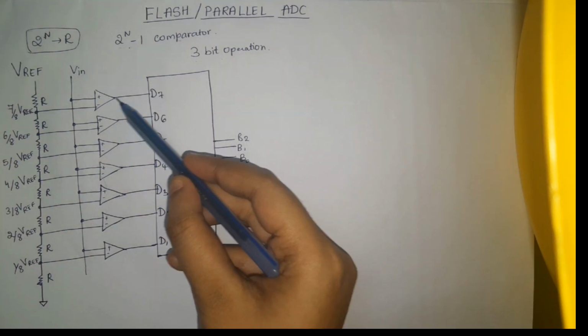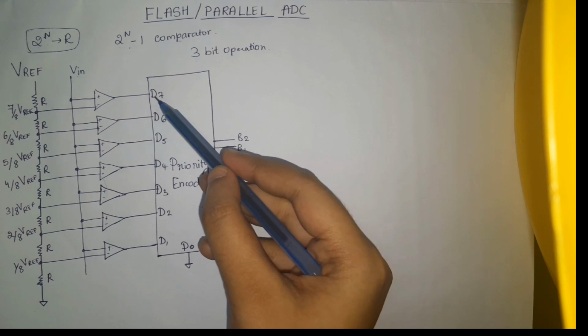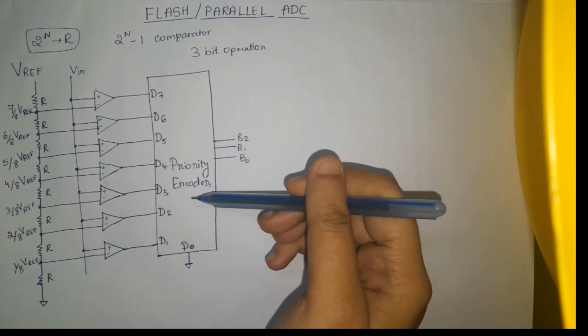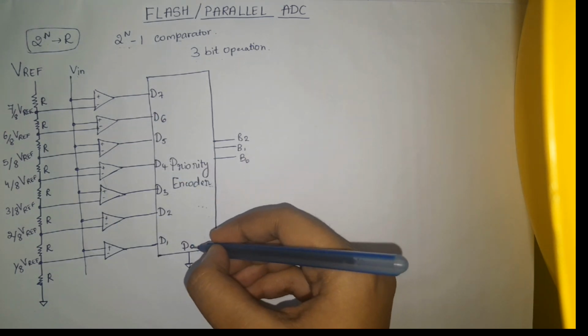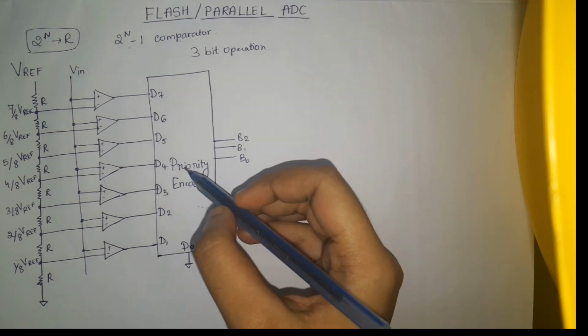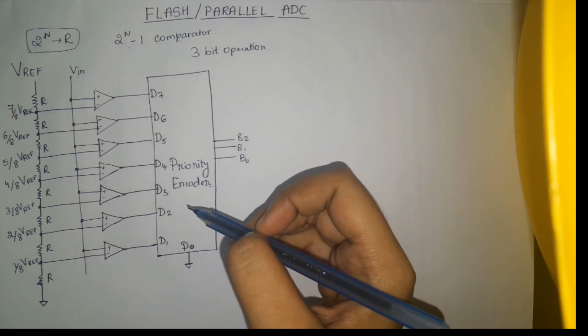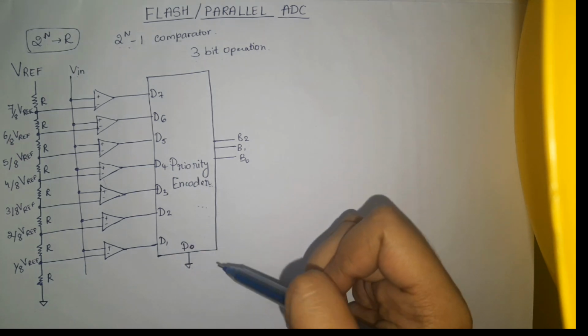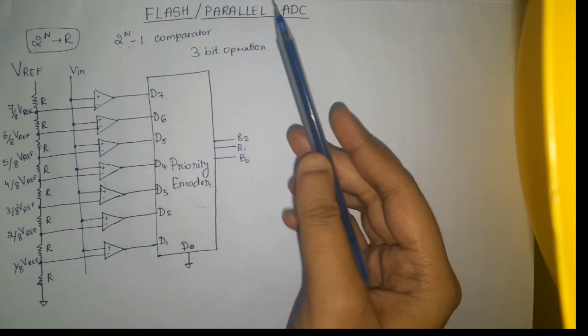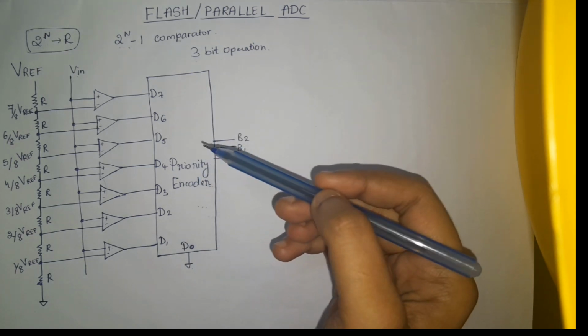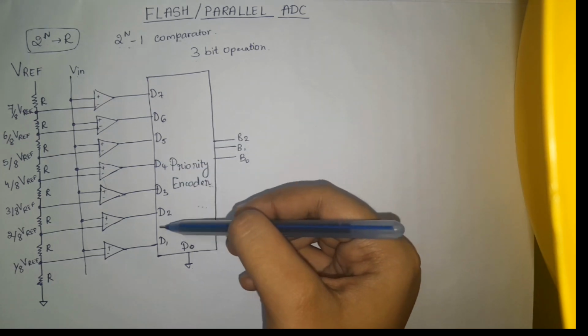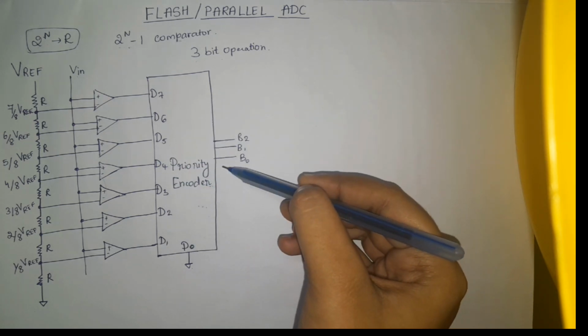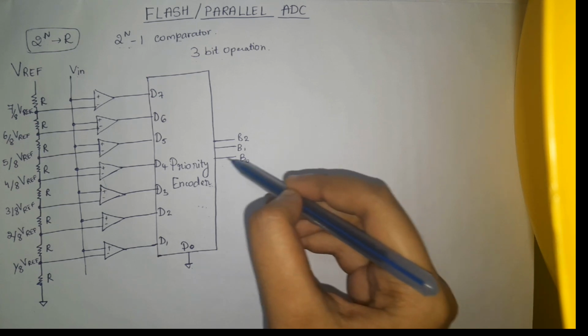The output of these op amps, that is D7 to D1, is given to the priority encoder. D0 is always grounded. The priority encoder, which has XOR gates and diodes internally, according to the internal logic gives the equivalent value of this 8-bit input as 3-bit digital data, as shown here.